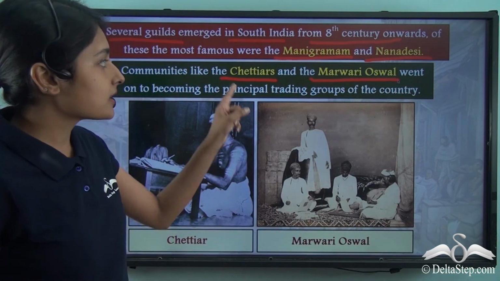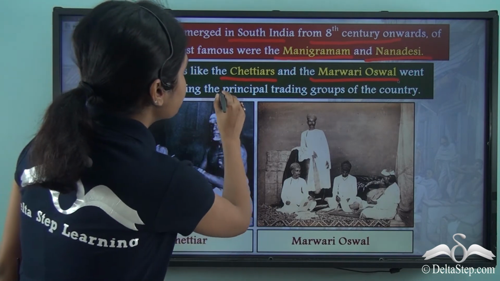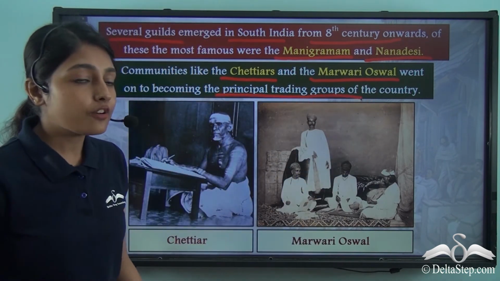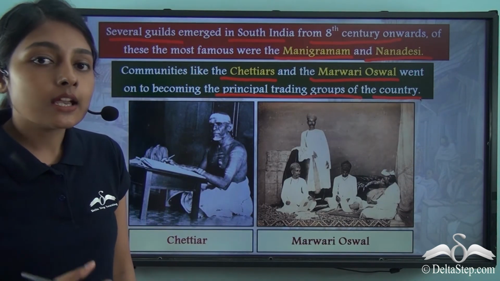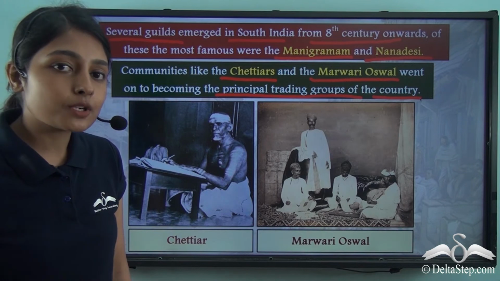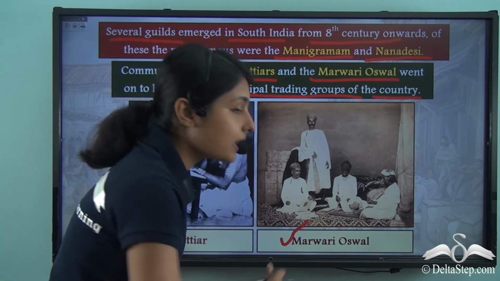And in fact, the Chettiars and the Marwari Oswal then went on to become the principal trading groups of the country. So in the Indian subcontinent, the principal trading groups that emerged around this time were the Chettiars and the Marwari Oswal.